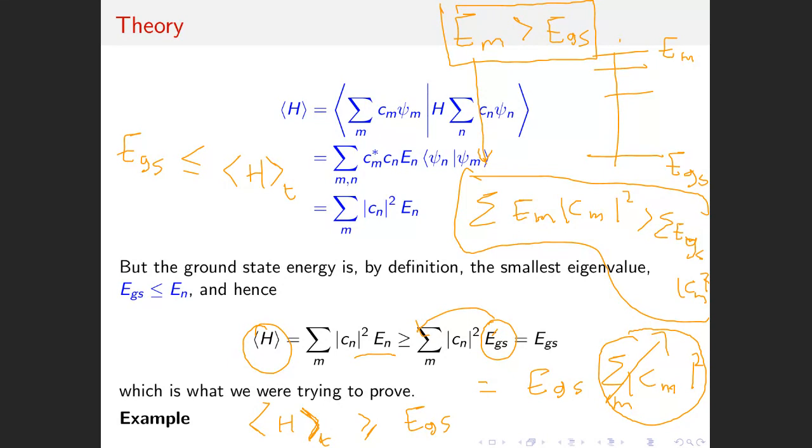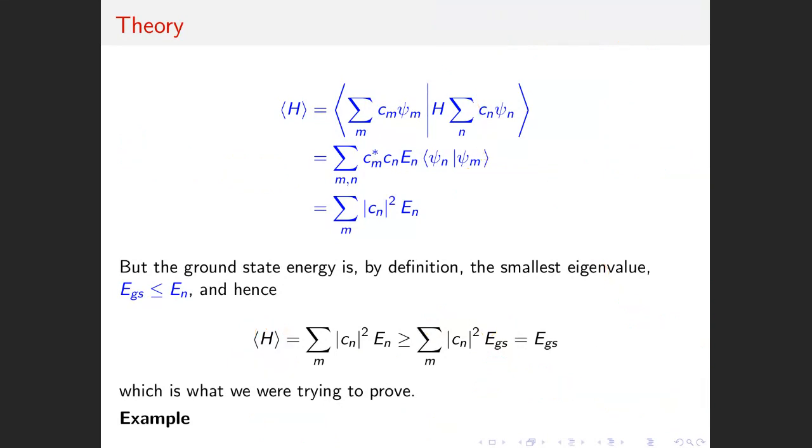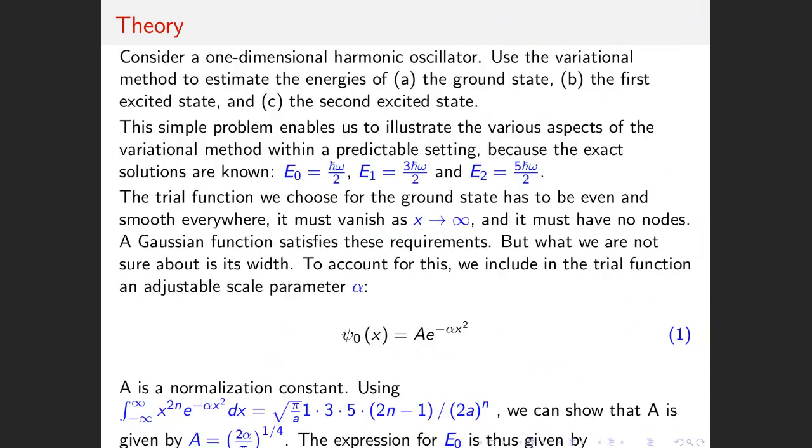So to check how this method actually works, the harmonic oscillator is the perfect example for all things. Even in the previous chapter, we were using the harmonic oscillator. The best candidate for these trial wave functions is always the Gaussian.